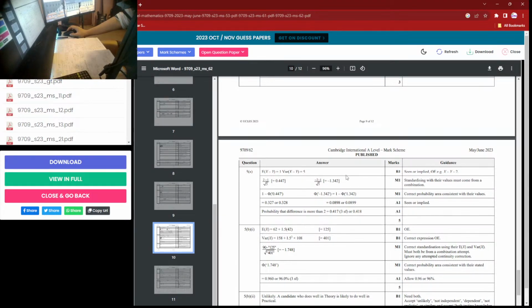So we have 1 and 5. Oh, you have to find both sides. It's negative 2 and 2.